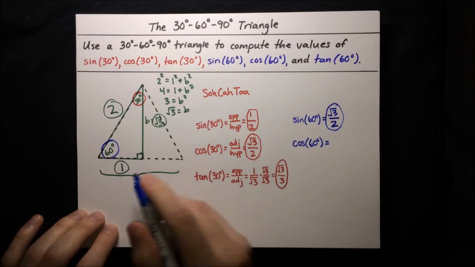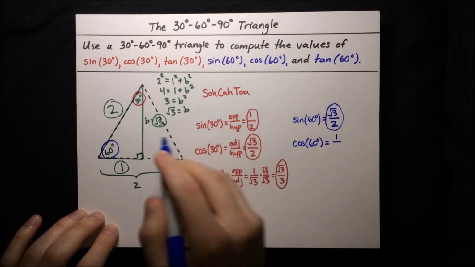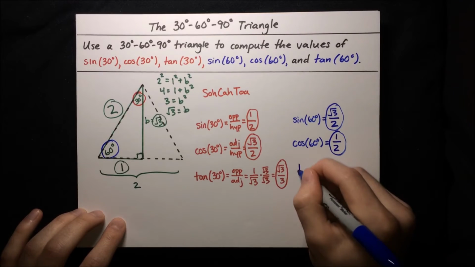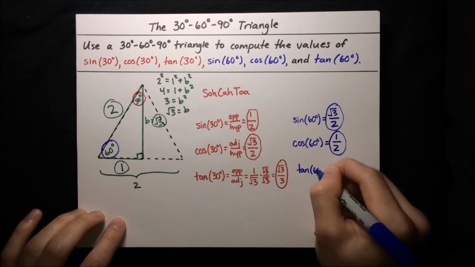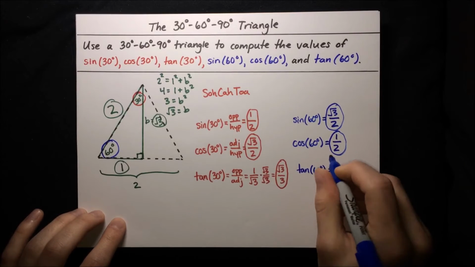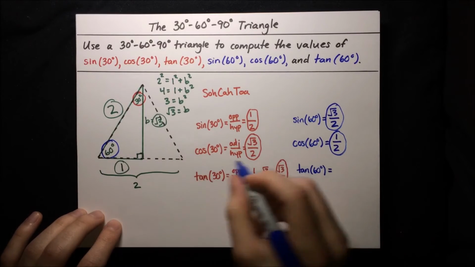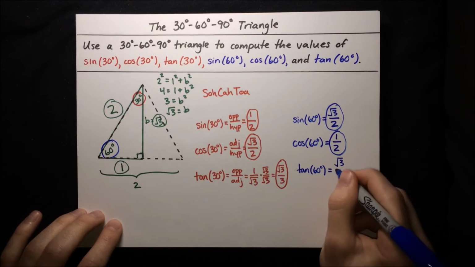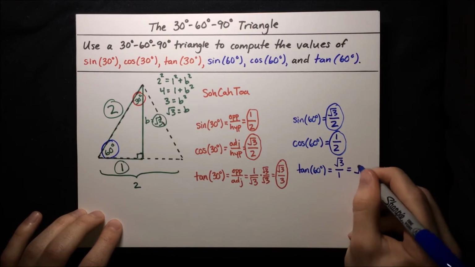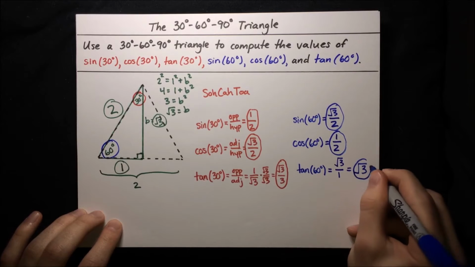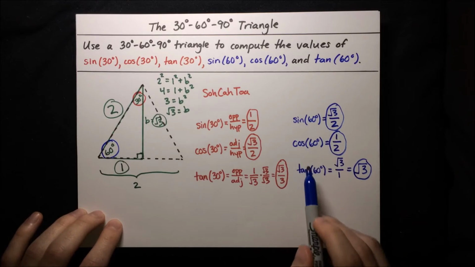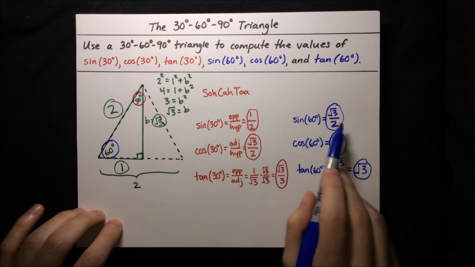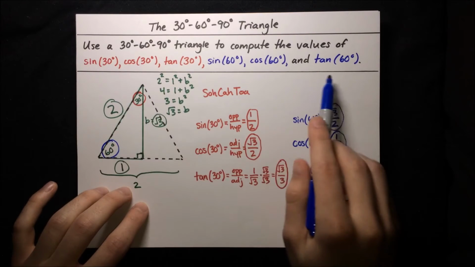Now the adjacent side is 1, and hypotenuse still 2. So cos 60 is 1/2. And then tangent of 60 degrees is just equal to opposite, so root 3, over adjacent, which is 1, root 3 over 1, which is just root 3. So there we go. There's our sine, cosine, tangent for 60 degrees. We've got them all. We've got all 6 values of the trig functions.